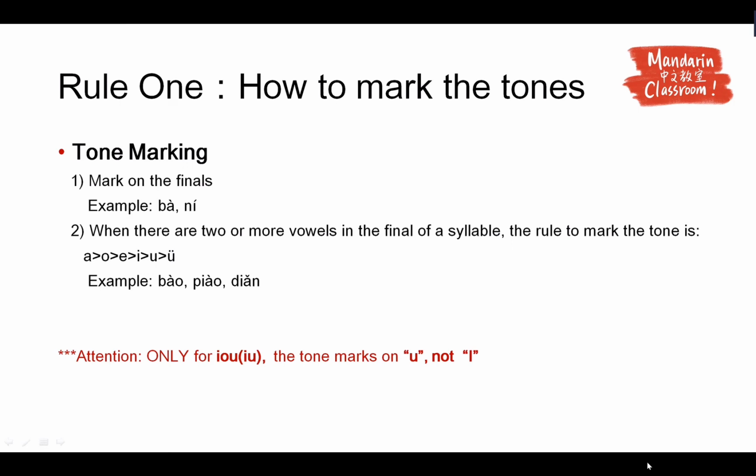It's U. If you see this final in a syllable, you have to mark the tone on the U, not E. Only this final U could not obey this priority order. So when you meet this final, you have to mark the tone on U, not E.